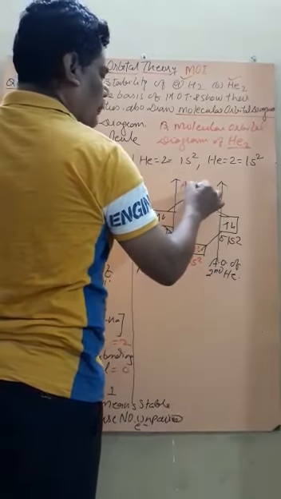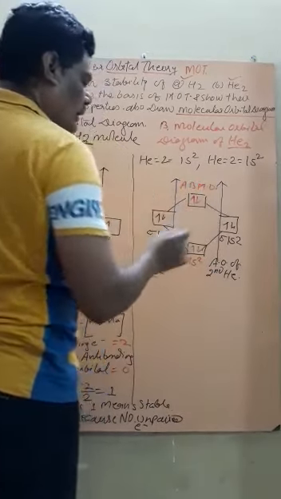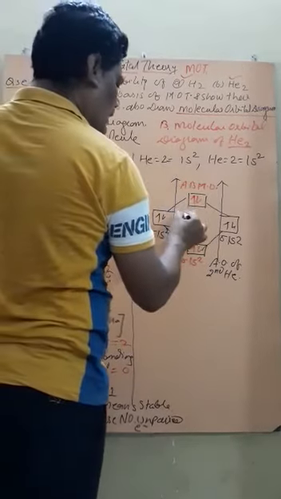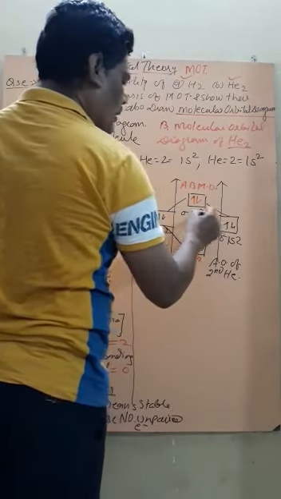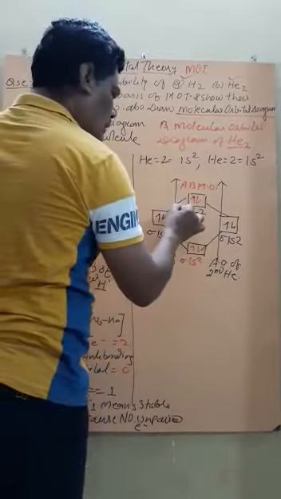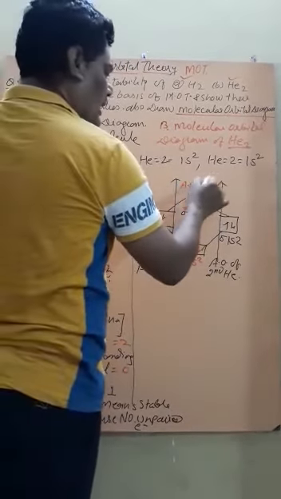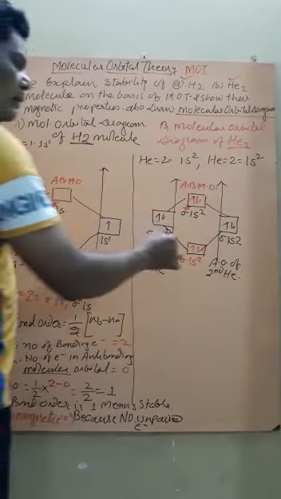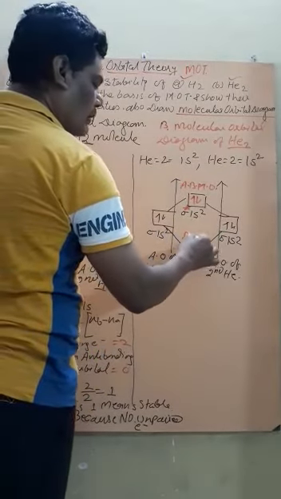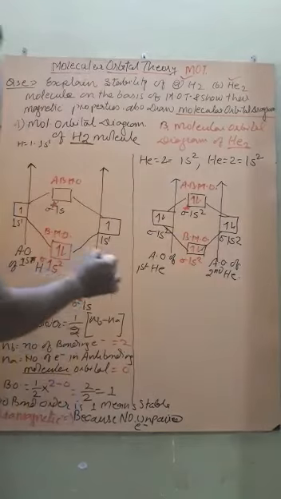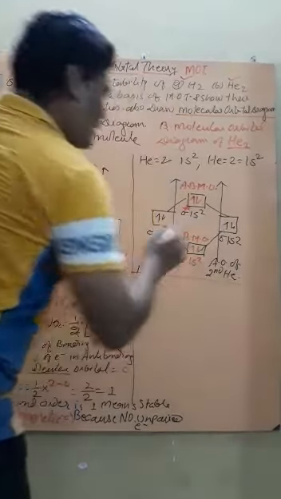This is the anti-bonding molecular orbital, denoted by sigma 1s2, but the change is the star sign which shows that it is anti-bonding. Are you getting it? While this one is the bonding molecular orbital. Now student, that becomes the molecular orbital diagram.